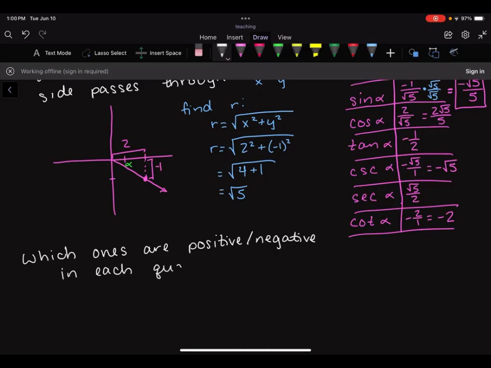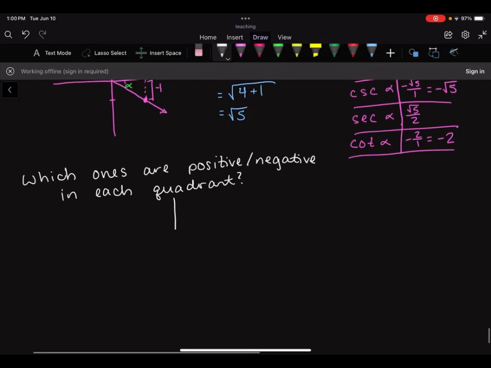That may be a question that you have, and of course I'll show you how to figure this out. It's really about remembering which ones have to do with the x value, which ones have to do with the y value, and then whether or not that x or that y is positive or negative in certain quadrants.